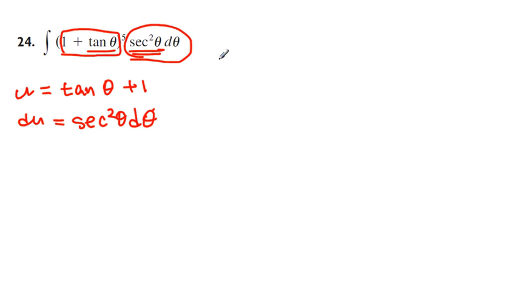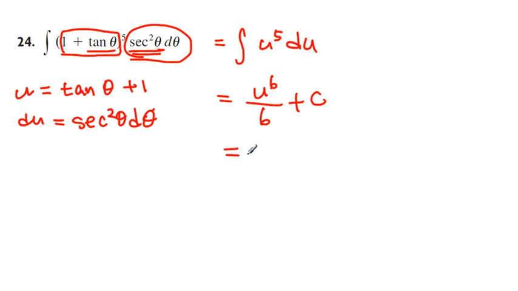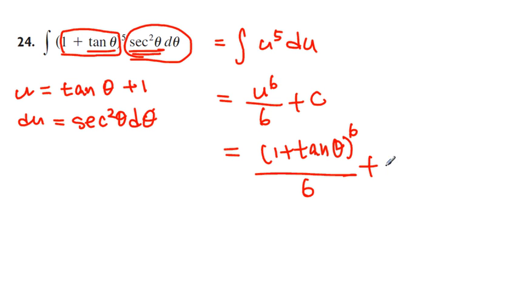Then we'll have the same expression. So therefore, we end up having integral of u to the 5th power du. Then this becomes u to the 6th power over 6 plus c, which finalizes to 1 plus tangent theta to the 6th power over 6 plus c, our final answer for number 24.